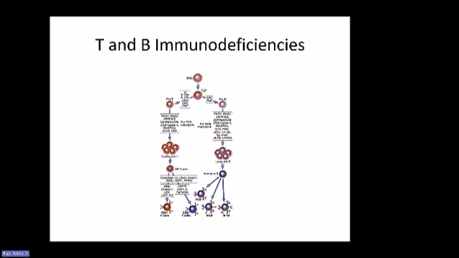So if there is a defect in the development or factors responsible for development of pro T cells, so common gamma chain, IL-2 receptor, IL-7 receptor, JAK3, ADA and PNP enzymes, if any of those are defective, your defect is way high up and your T cells are definitely going to be affected.